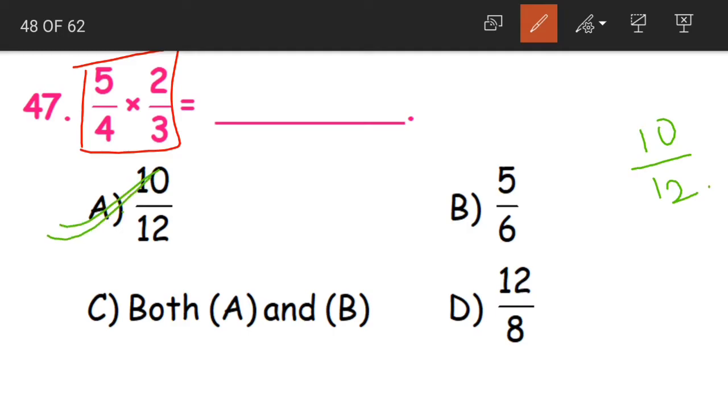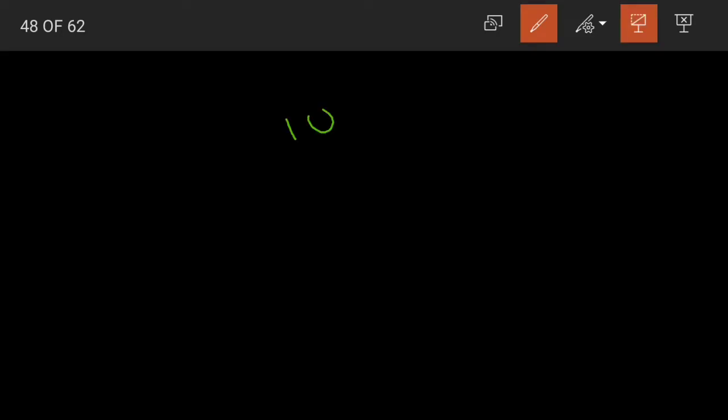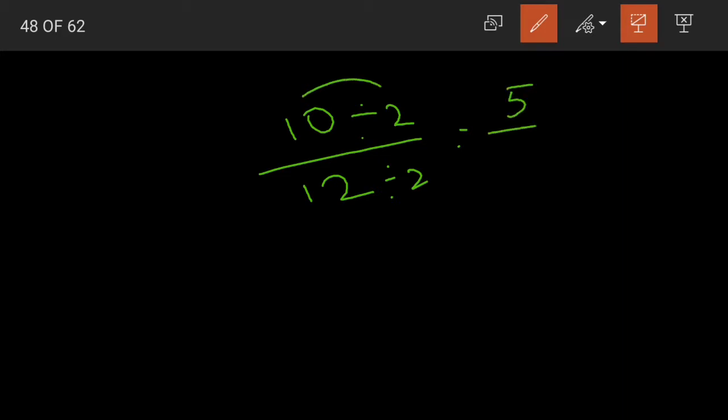And if you look at option B, children, 10 by 12, if we want to reduce it to the simplest form, we divide both the numerator and denominator by 2. 10 divided by 2 is 5, 12 divided by 2 is 6.